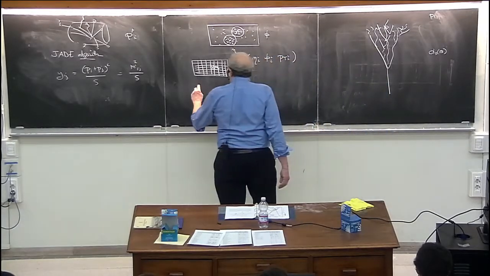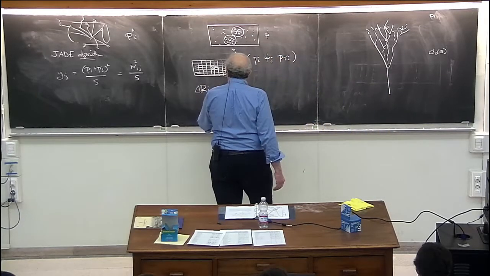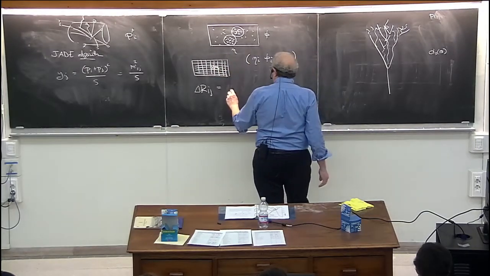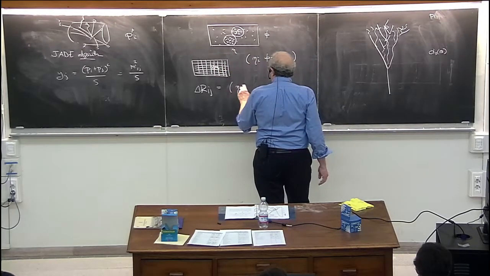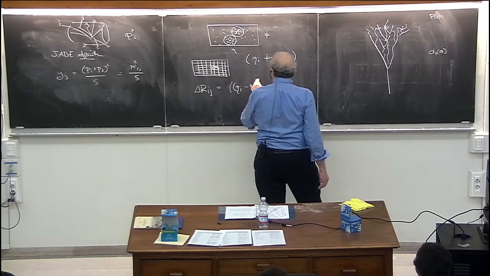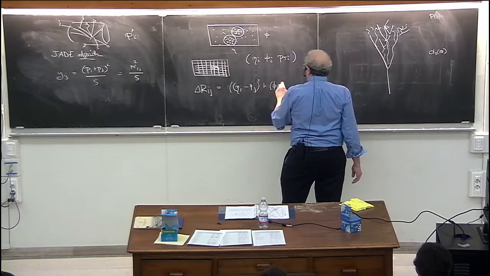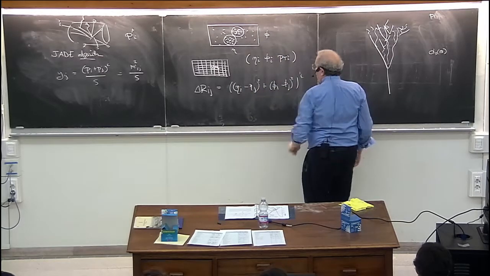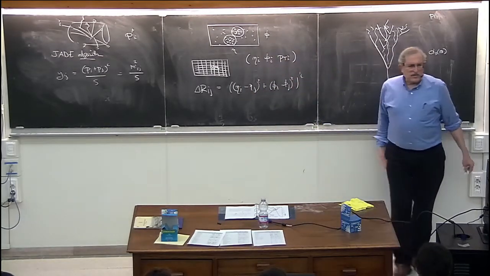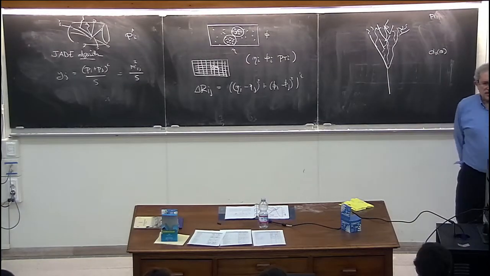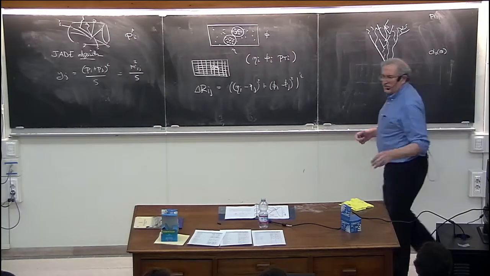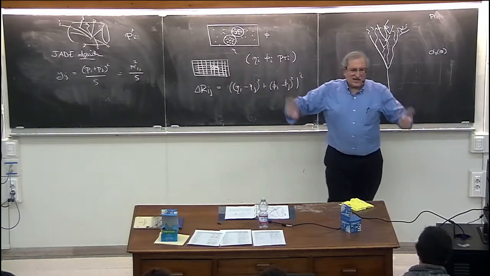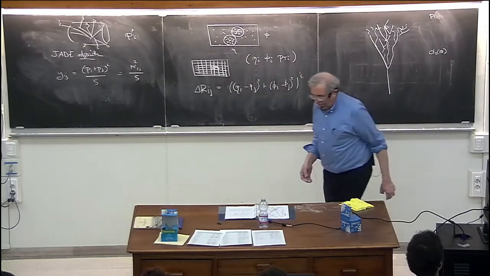Then we can define delta R_ij as the distance on the eta-phi plane between two depositions: (eta_i minus eta_j) squared plus (phi_i minus phi_j) squared, to the 1/2. Remember that eta and phi are both dimensionless variables, and they're both basically angles: phi in physical space and eta in the extended space that you have with the Lorentz group.